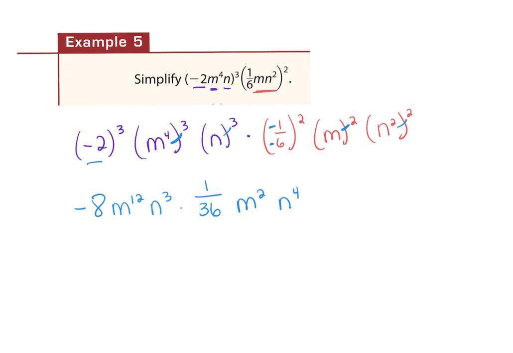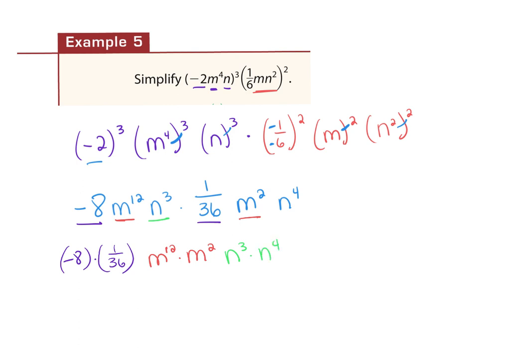So I can combine this negative 8 and this 36. Negative 8 times my 1 over 36, right? I can combine my m's. I have m to the 12th times m squared, and I can combine the n's. I have n cubed times n to the 4th.